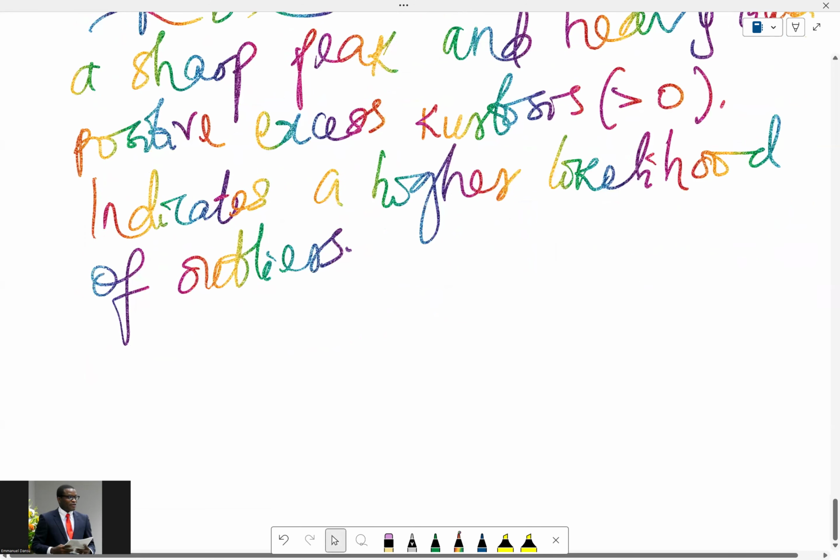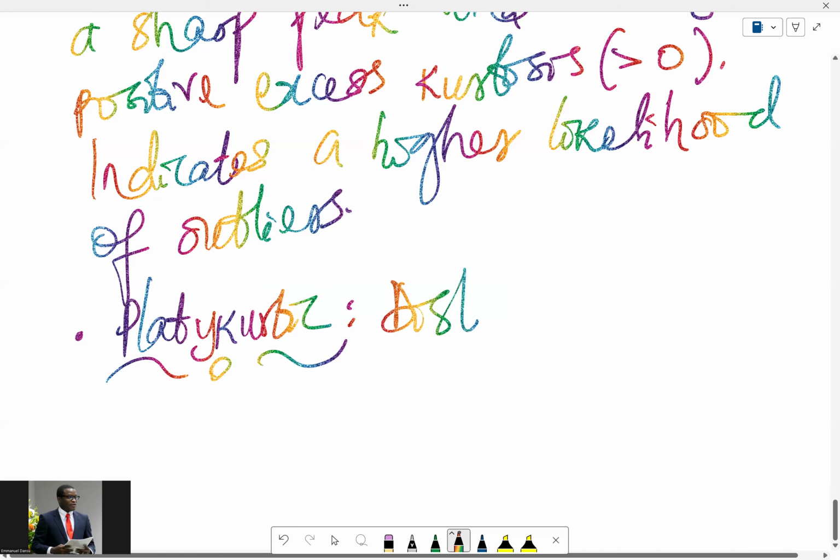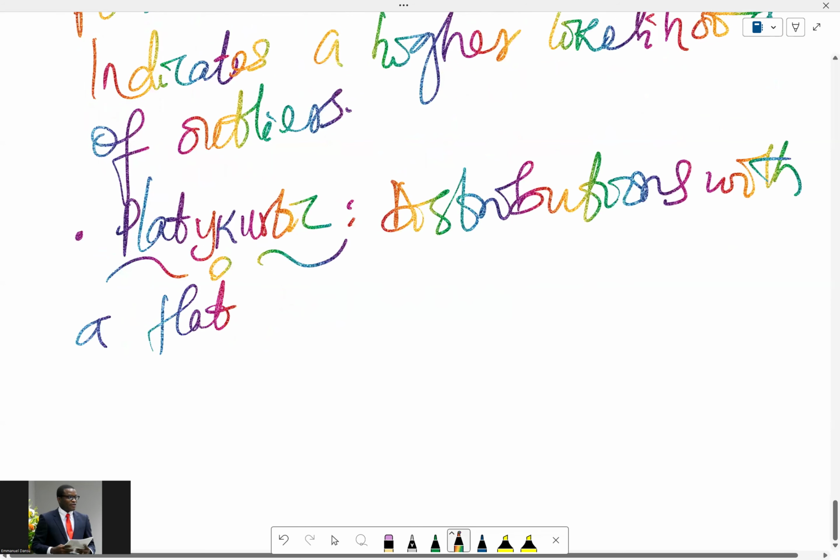Then lastly, you have what you can call a platykurtic data distribution. This will be distributions with a flat peak, like platykurtic is like a plate, with a flat peak and light tails.